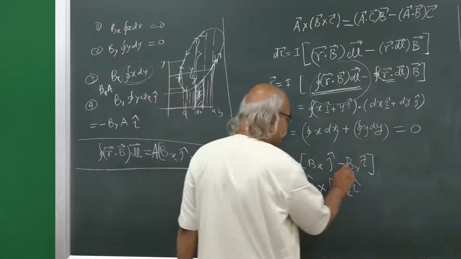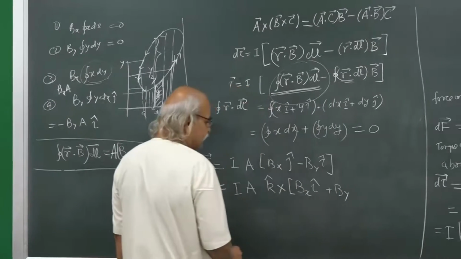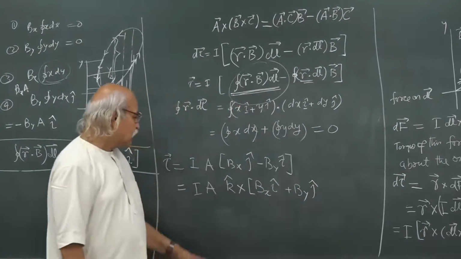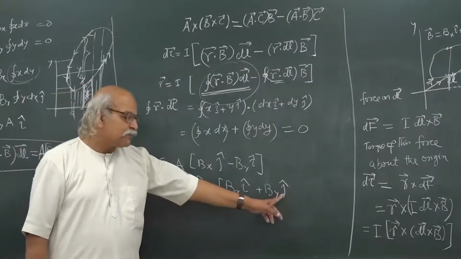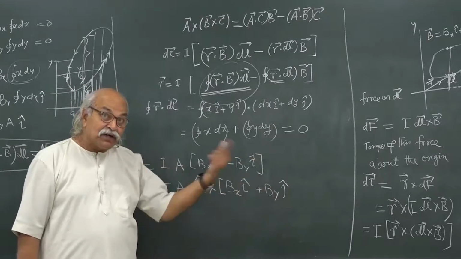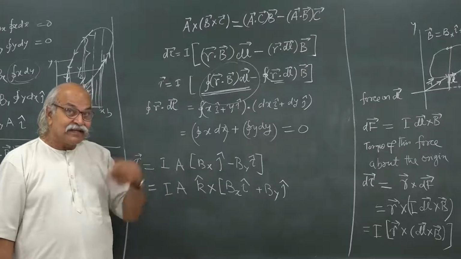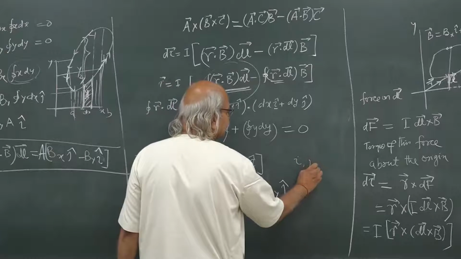Next term, let me write this as by, and let me write this as j cap. See what happens. I A is here. k cap cross j cap is minus i cap, right? In cyclic order you have i, j, k, i, then j and then k.